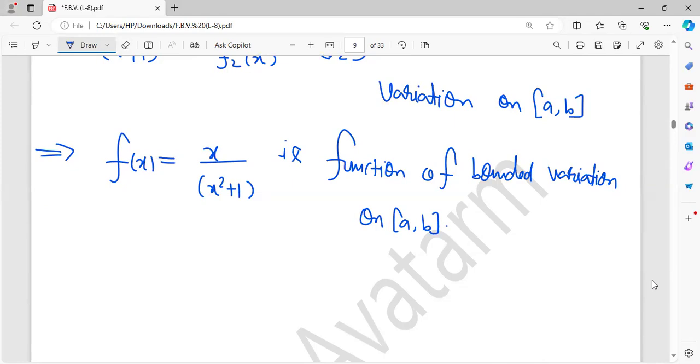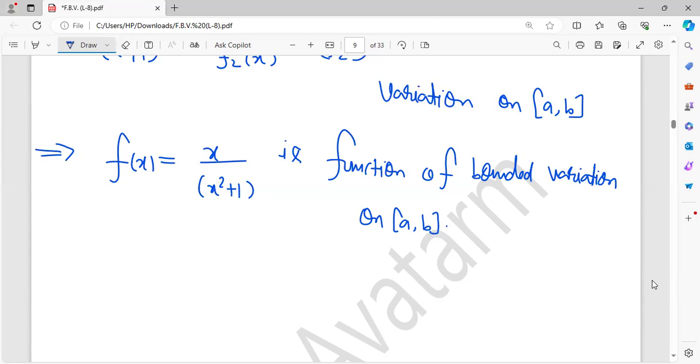So in this lecture, we have done one question from the previous lecture, and we have studied one new result, that is a theorem, that if f and g are functions of bounded variation and the absolute value of g(x) is greater than or equal to k, where k is fixed and greater than 0, for all x belonging to [a, b], then the quotient f upon g is a function of bounded variation.